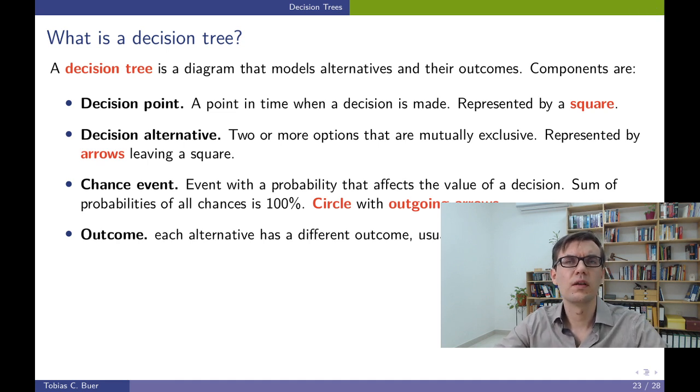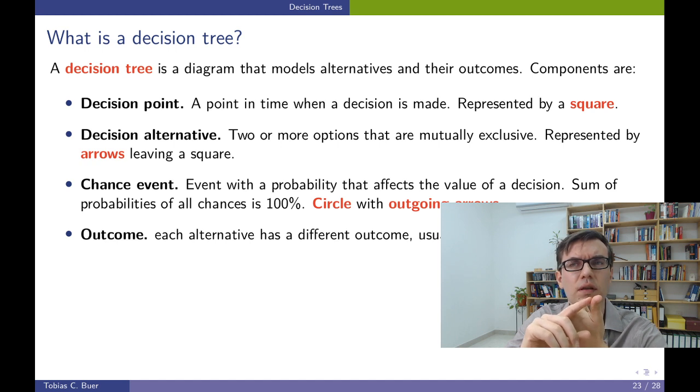So what is a decision tree? A decision tree is a diagram that models alternative outcomes. The most important components of a decision tree are decision points. A decision point is represented by a square. So we draw this as a square, and this is a point in time when a decision is made.